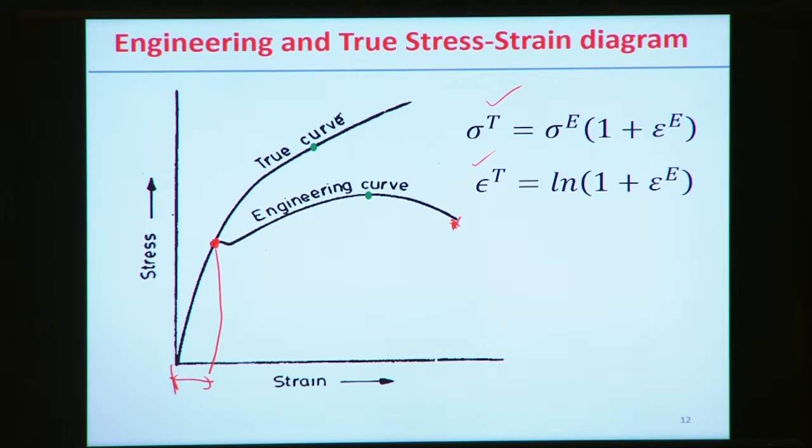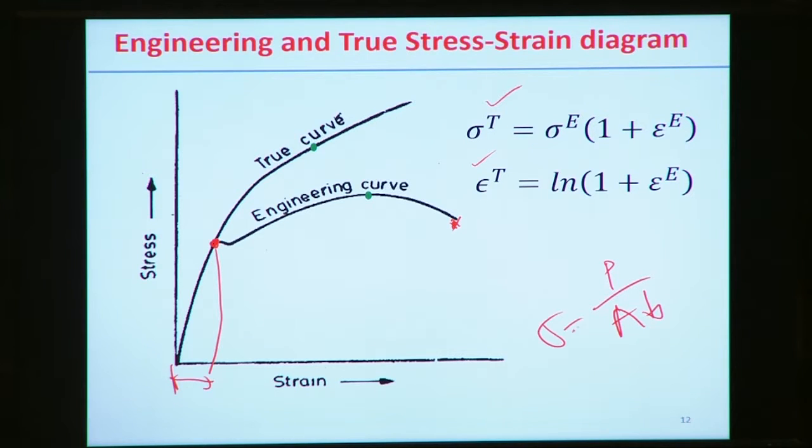Since the true stress strain curve considers the instantaneous area, with further deformation in the plastic zone there is a reduction of the cross section area, specifically in the necking zone. When the cross section area reduces, the stress value increases. That's why in the true stress strain curve we always get an increasing trend of stress with further deformation.